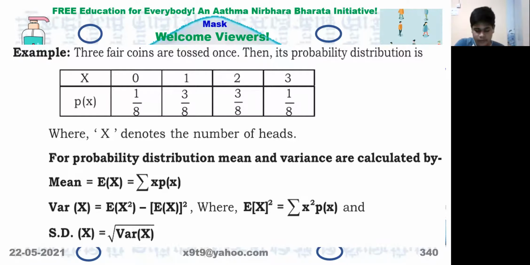0, 0.375, 3, 3.375. First column, first one is 0, sir. Correct. Next is 0.375. Correct. Next is 3. How did you get that? Sir, in calculator, it's showing 3 only, sir. Even I am getting that only, doubt. No. See, what is x square and what is p of x?